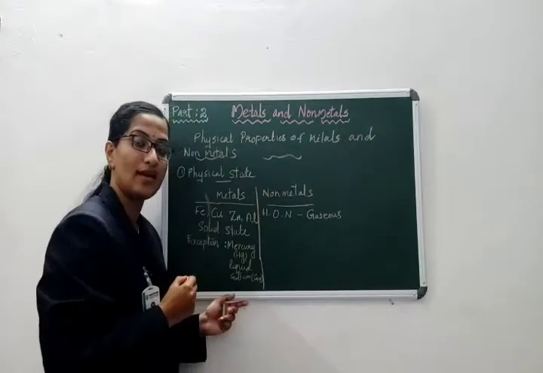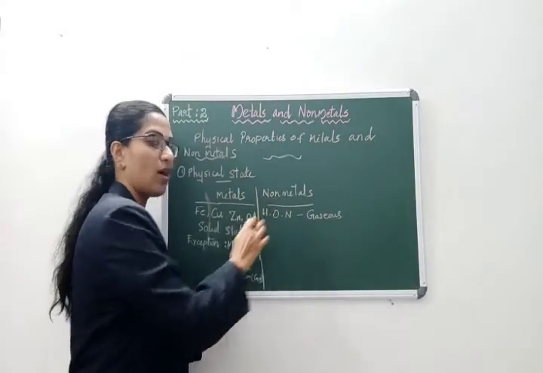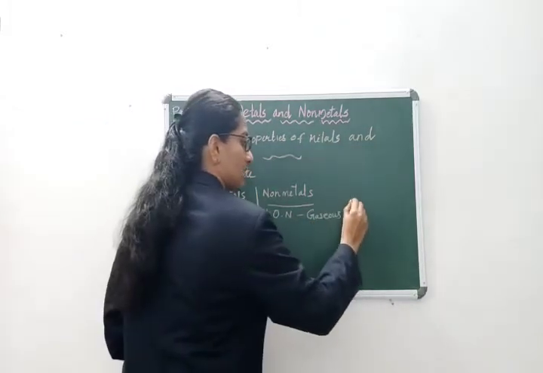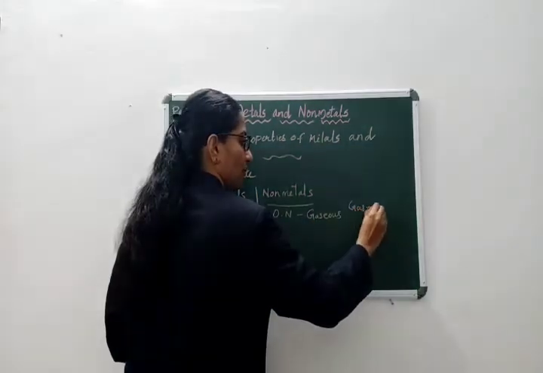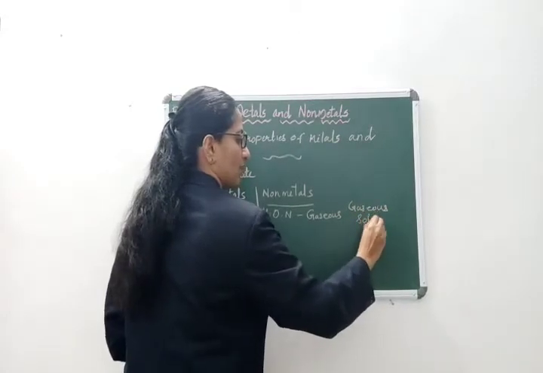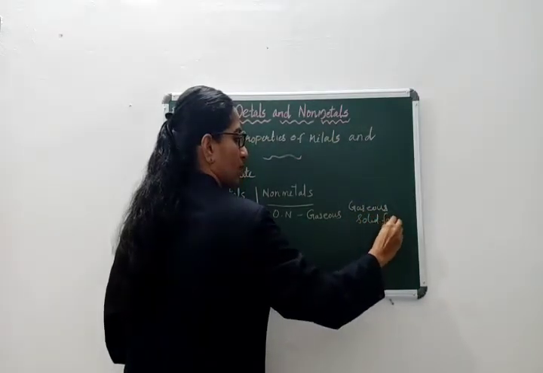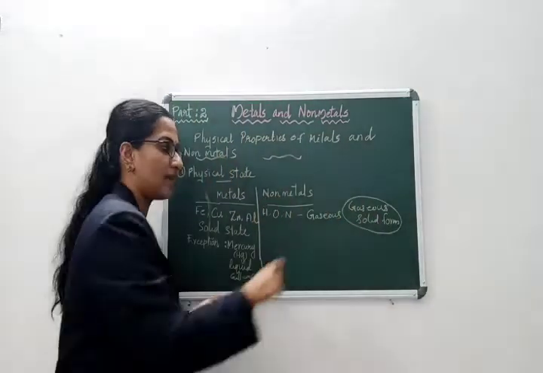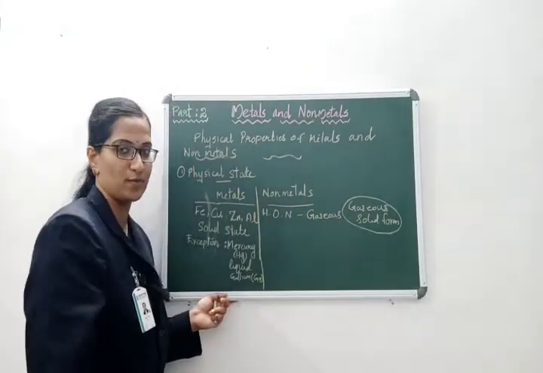So children, most of the non-metals are usually in gaseous form or in solid form. Here also I am using the term usually. Usually the non-metals are either in the form of gas or solid.